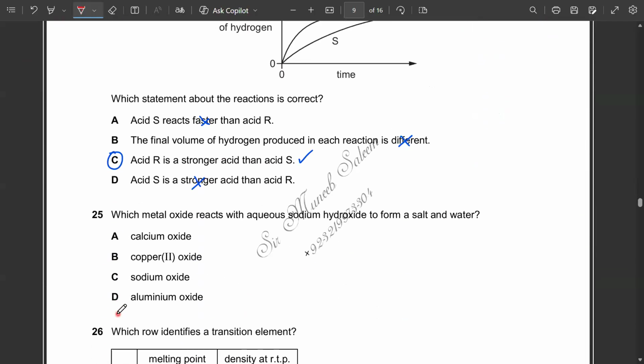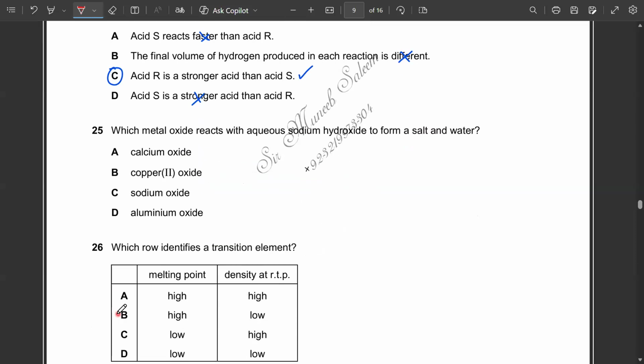Question number 25. Which metal oxide reacts with aqueous sodium hydroxide to form a salt and water? So here, one of the reactants is sodium hydroxide, NaOH, and we know NaOH is a very strong base or alkali.